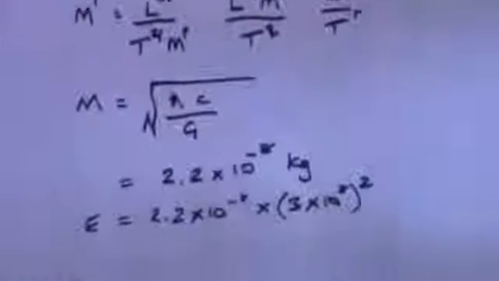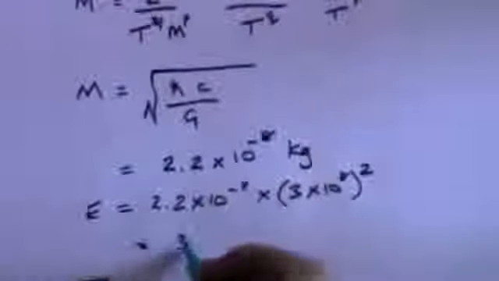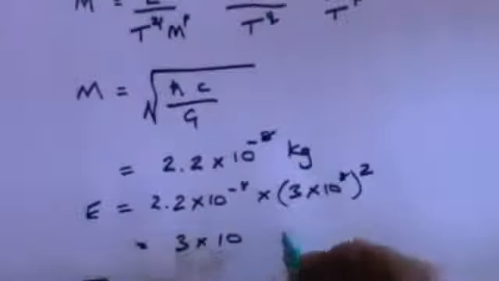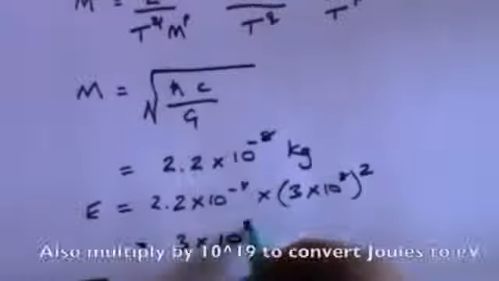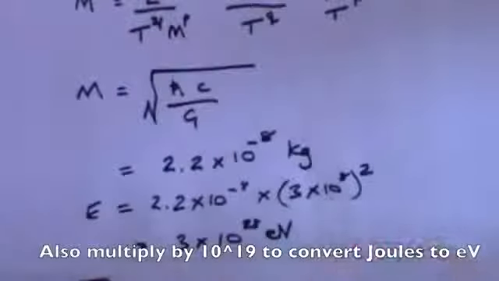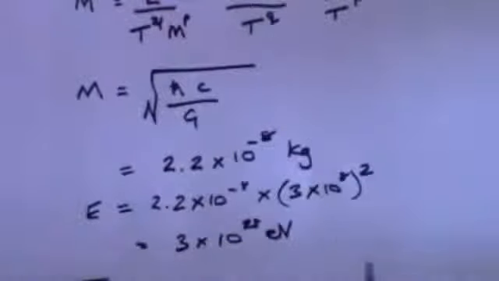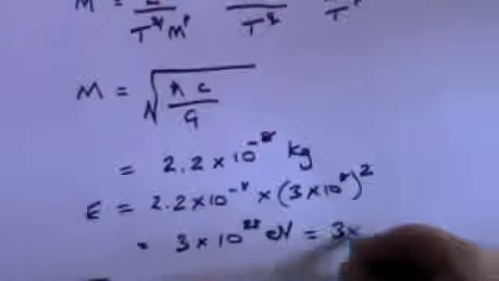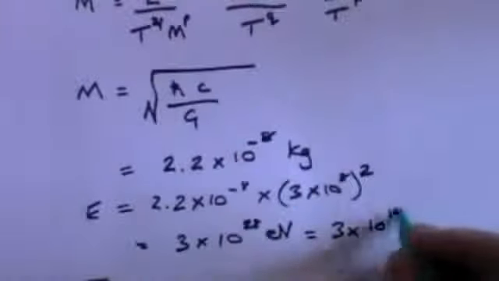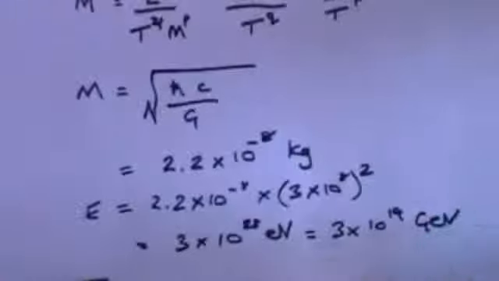And that comes to 3 times 10 to the 28 electron volts. Or if you like, 3 times 10 to the 19 GeV, since a GeV is 10 to the power 9. So 3 times 10 to the 19 GeV is the Planck mass.